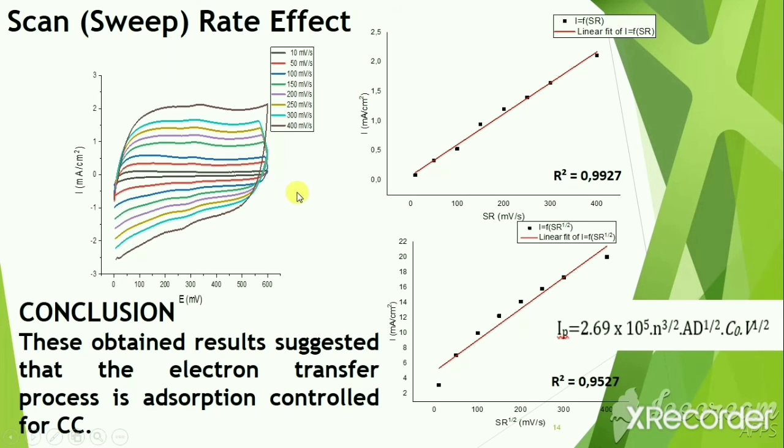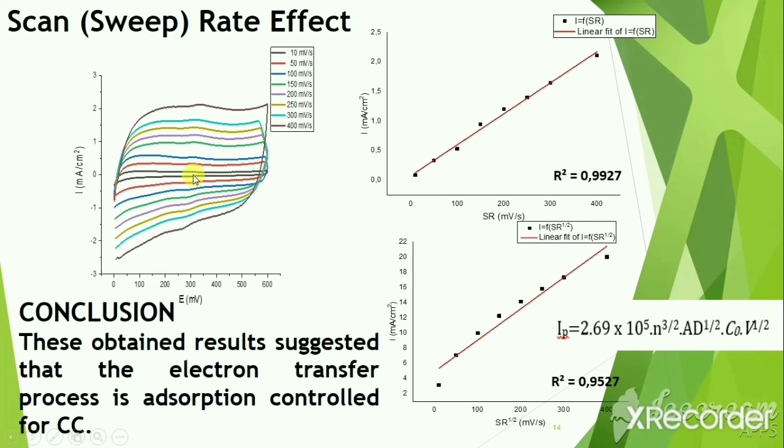To check the performance of the sensor, the first thing we should do is to assess the diffusion on the surface of the sensor. To do so, we changed the scan rate from 10 to 500 millivolts per second, and as you can see, there is a linear relation between the scan rate and the current flow.